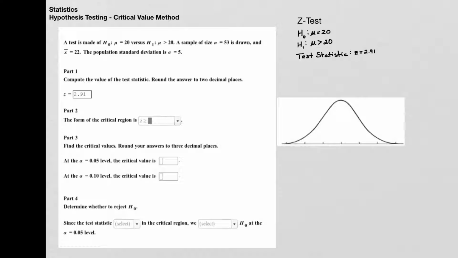And now I'm comparing z equals 0 to z equals 2.91. And so we can see 2.91 is a lot further into the tail, obviously, than the center. So it's very far into the tail.